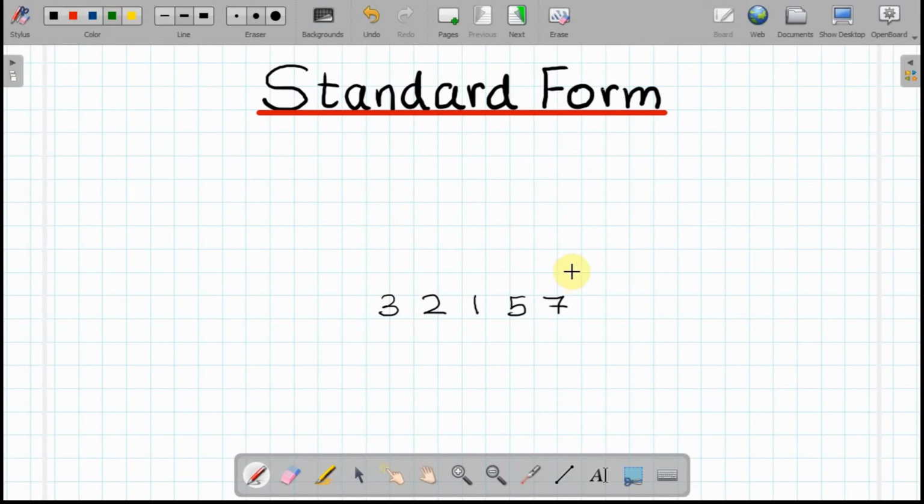First, I'm going to write down the place values of this particular number. So we have units, tens, hundreds, thousands, and 10,000s. Now the number system we use is of base 10. So every place value is 10 times larger than the previous one.